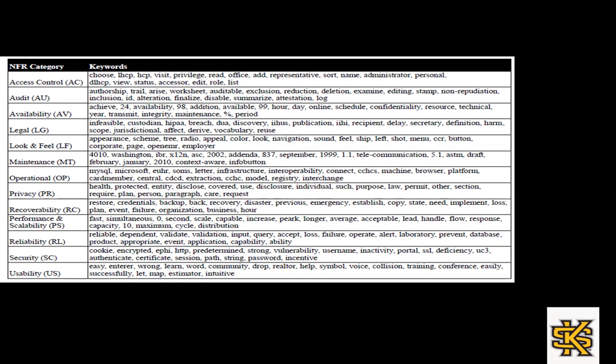These are the words accumulated from each category in corresponding documents. For example, IHCP, visit, privileges, administration, roles. These are all related to access control, whereas cookies, encryptions, strong, vulnerabilities, usernames, activities, sessions, these are all related to security.